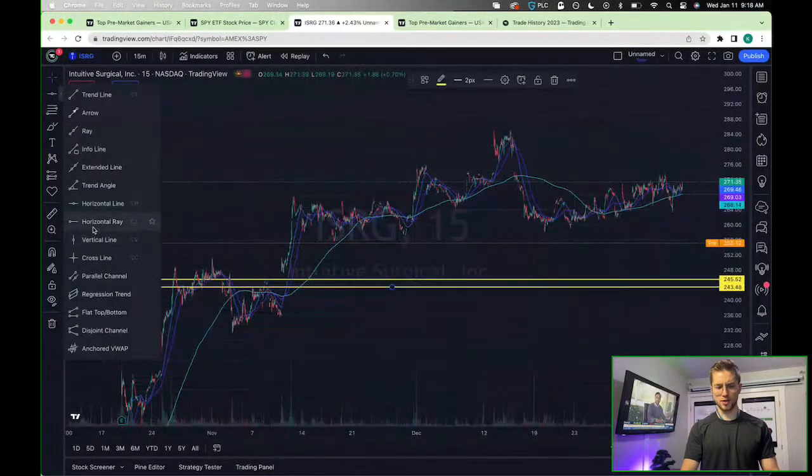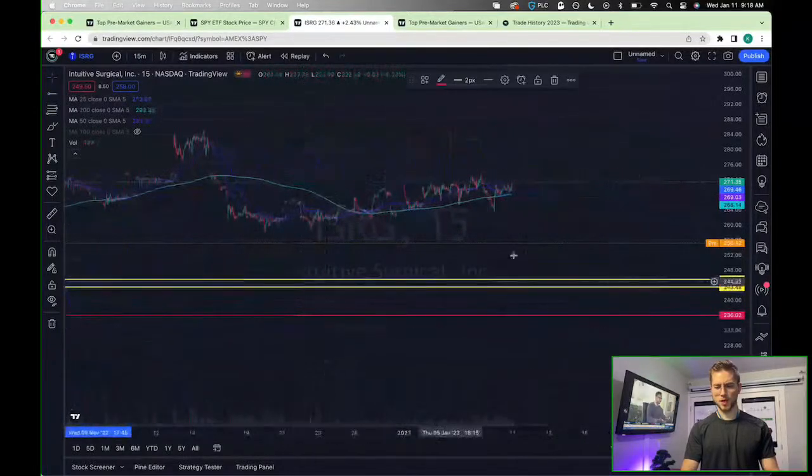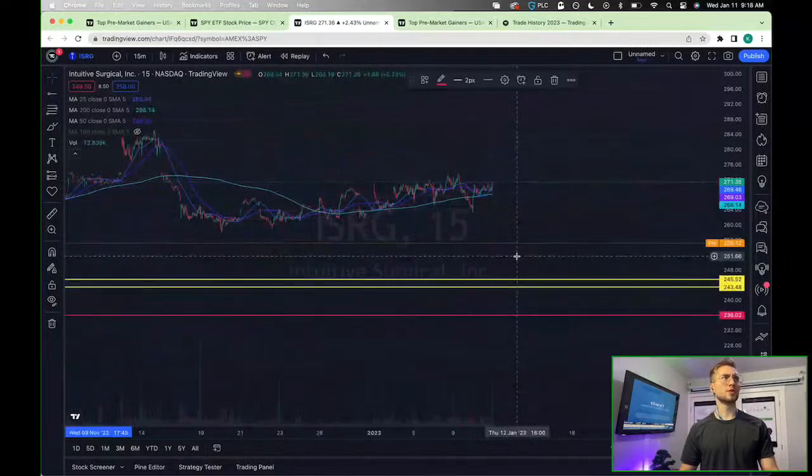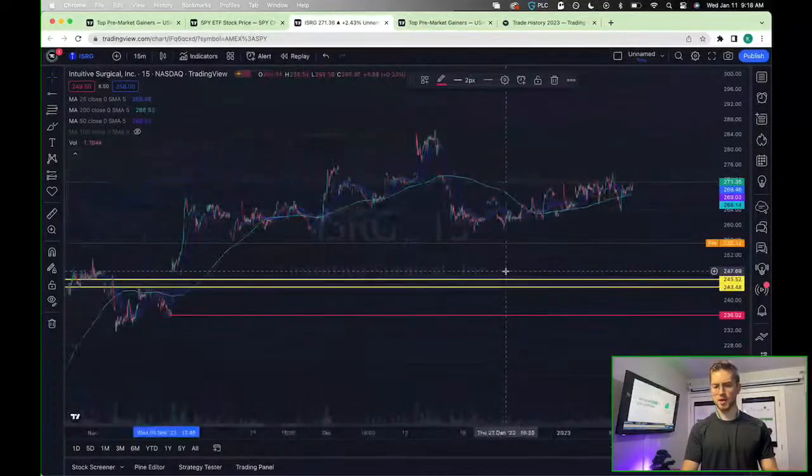And then you have an additional technical gap pivot down there. So the low again was around 249, so it basically came around here in the pre-market.